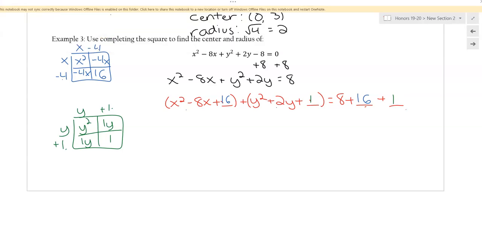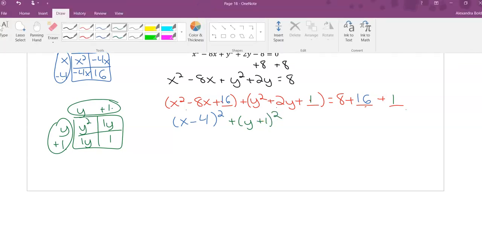Now our x's, right, we have x minus 4 and x minus 4. So that's x minus 4 squared. For our y's, we have y plus 1 and y plus 1, which is y plus 1 squared.